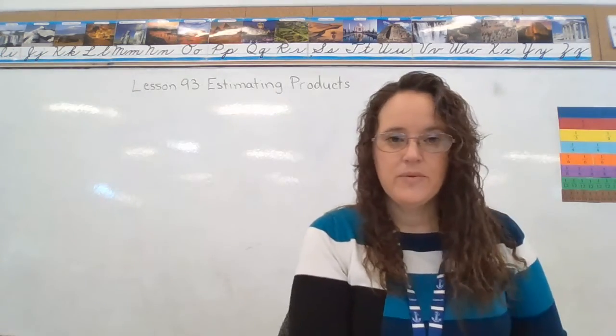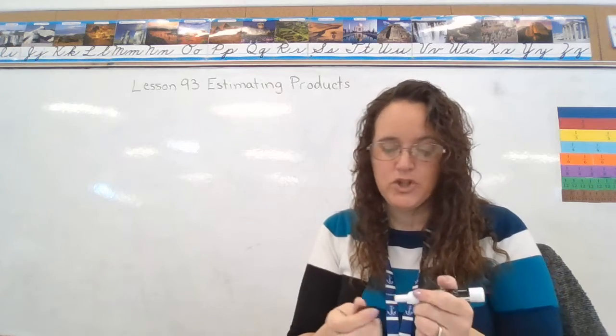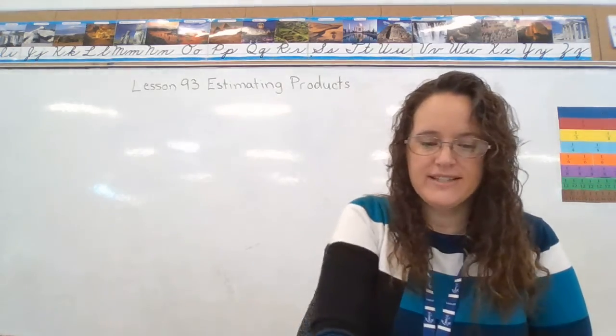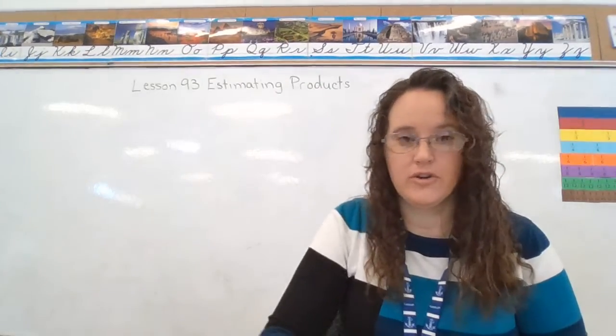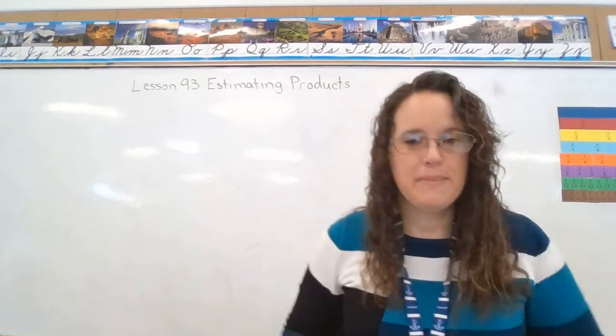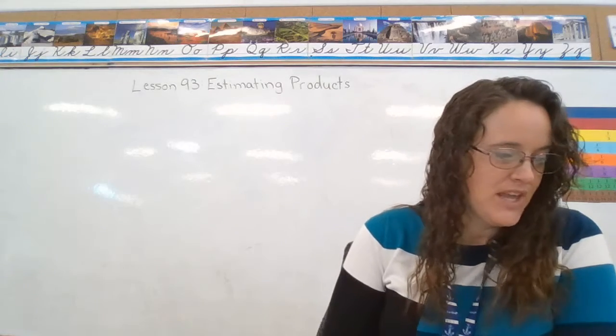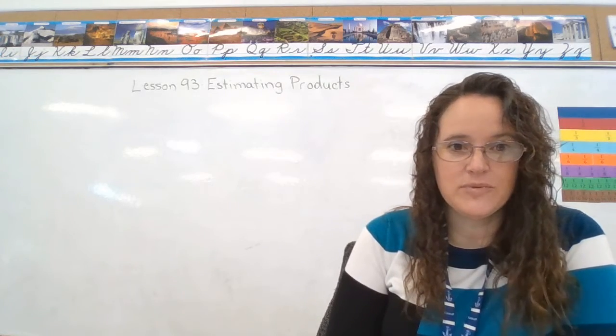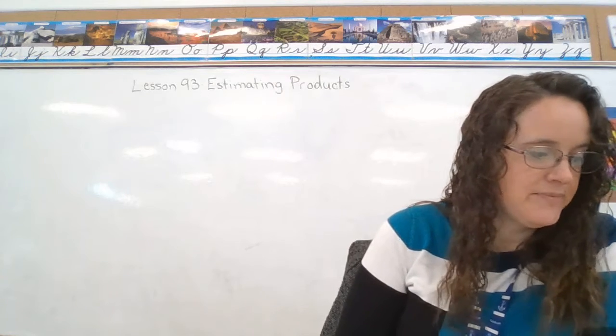All right, I will read these lesson practice problems twice. After I've read it the second time, I'd like for you to pause the video and try to work it out on your own, and then come back to me to check your answer. So problem A, and these are on page 505 if you'd like to read them for yourself in your own textbook.